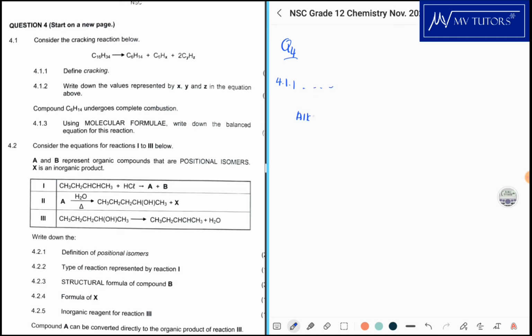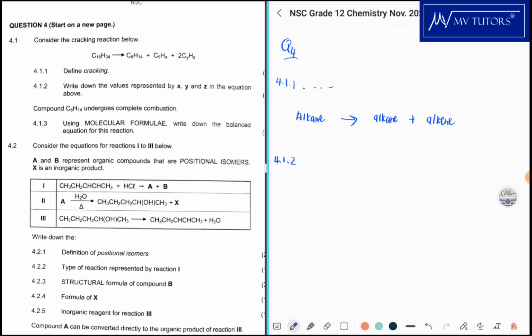In summary, you're going from an alkane, and your product normally has alkanes as well as alkenes, because in the definition we did say that you want smaller, more useful, unsaturated molecules. So it's a combination of alkanes as well as alkenes. Breaking apart an alkane to get an alkane and alkene.